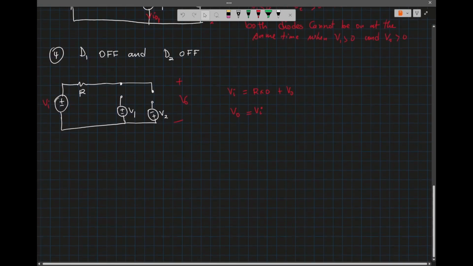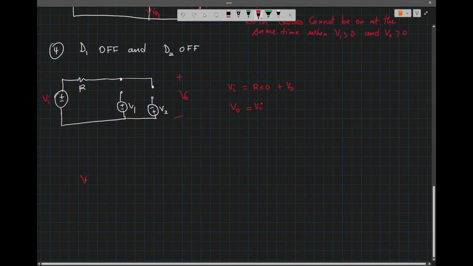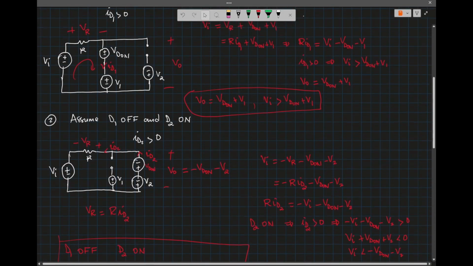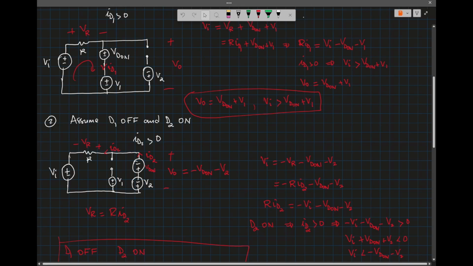So when we put it all together, V0 will be equal to the first one, which is VD1 plus V1.